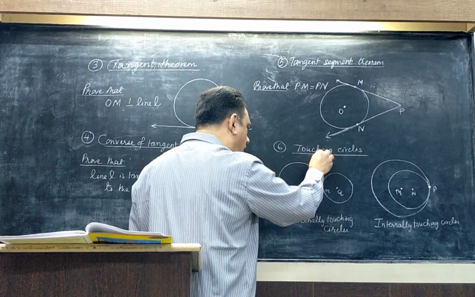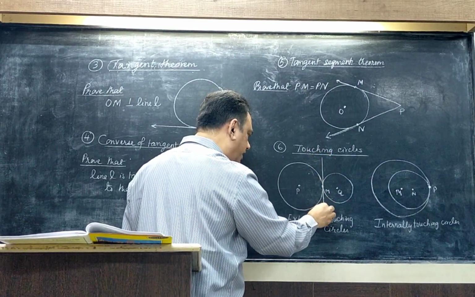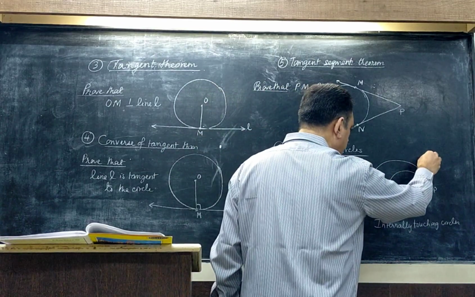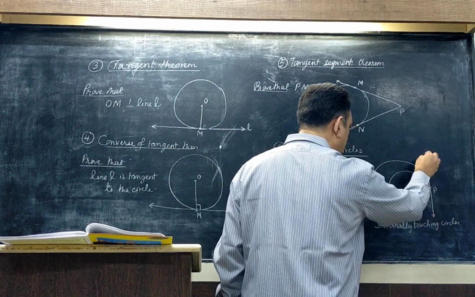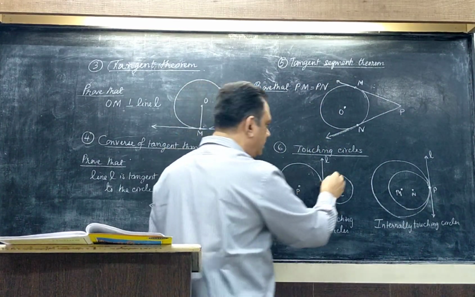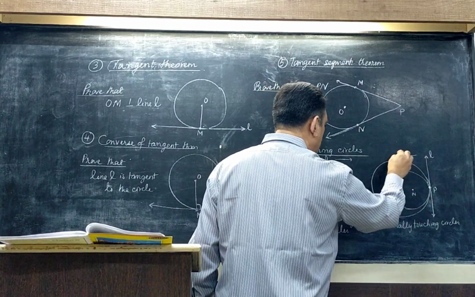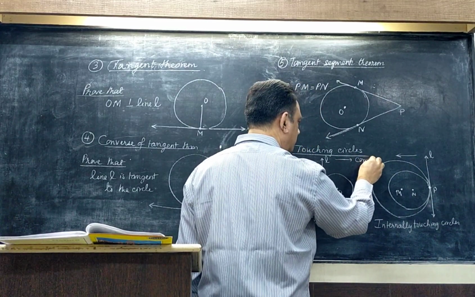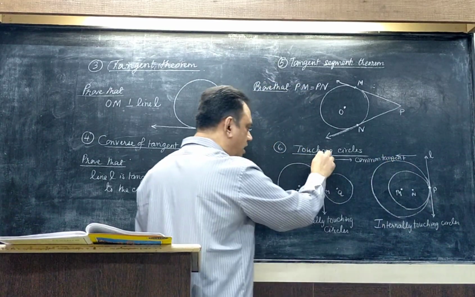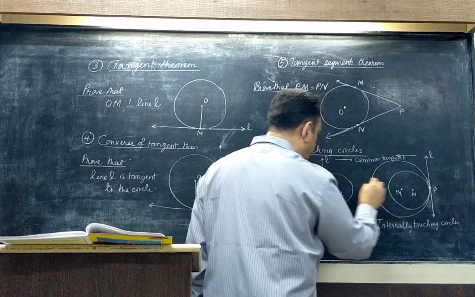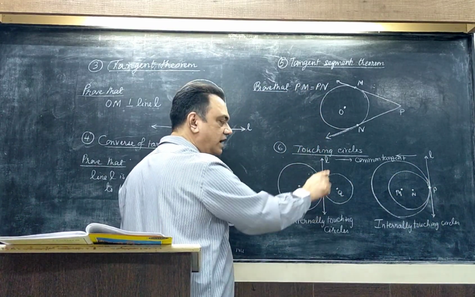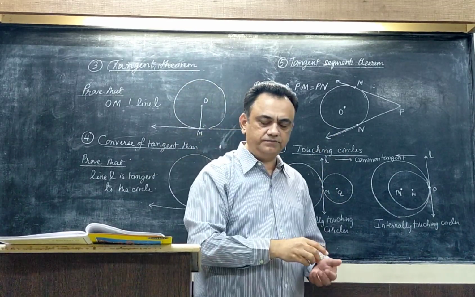If I draw a line L passing through the point of contact, this is called a common tangent. A line drawn passing through the point of contact of the touching circles is called a common tangent.